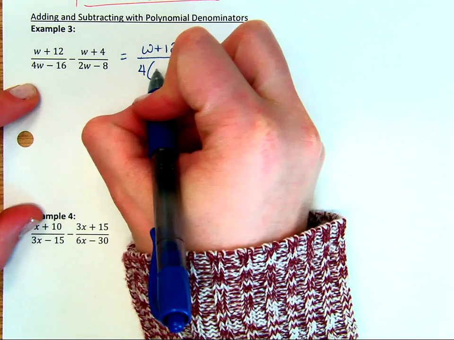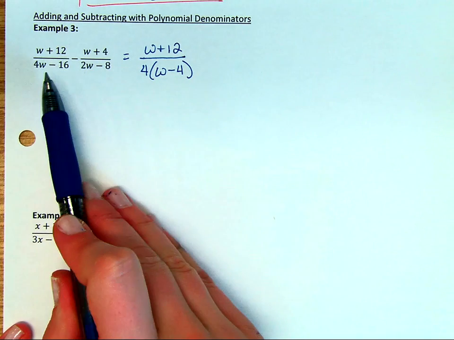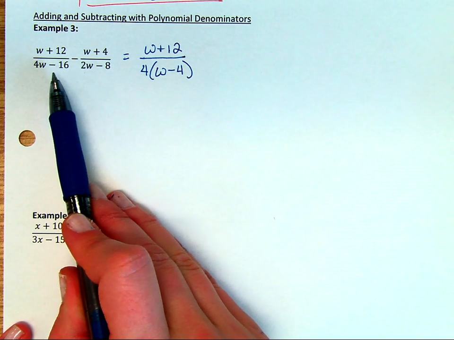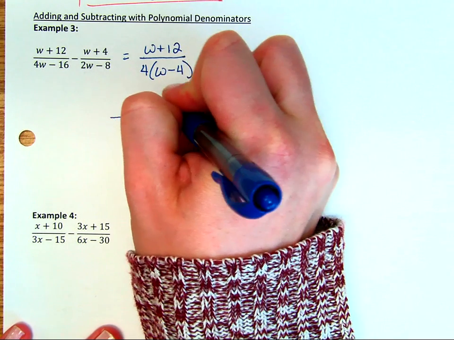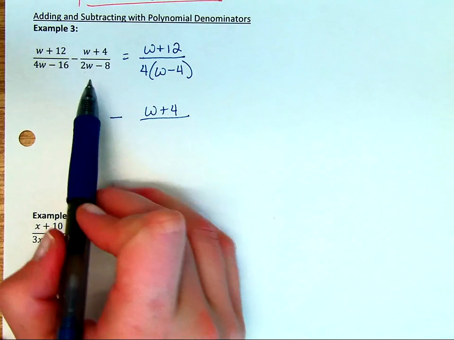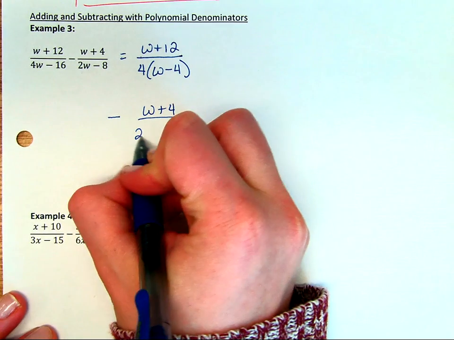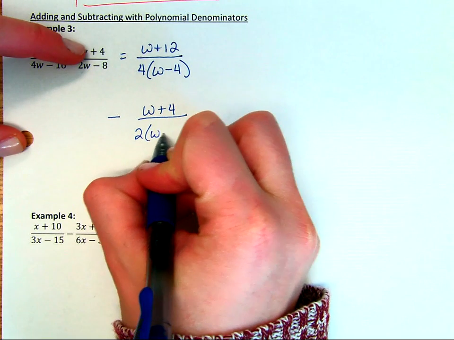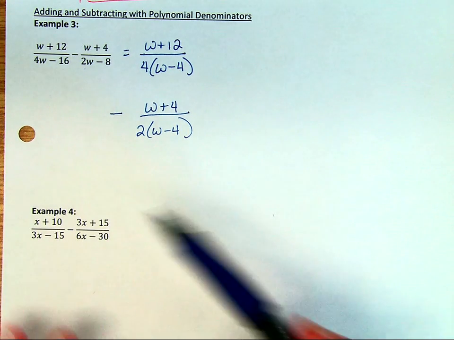So I have 4 times the quantity w minus 4. I just factored this by taking out the GCF. And then I'm subtracting w plus 4 over, I'm going to factor this denominator now by taking out a 2. 2 times w minus 4. All I did was take out a 2 there.